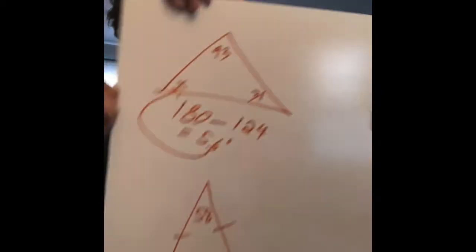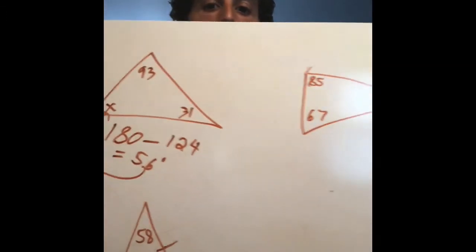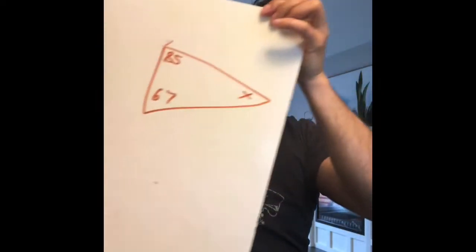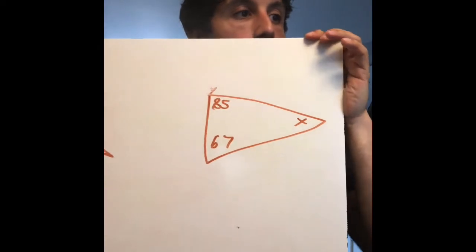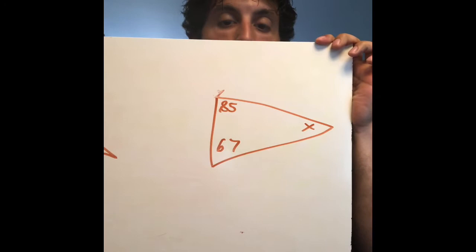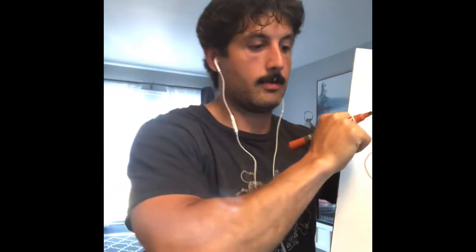Next example, we have 85 and we have 67 and we have x. So again, same process. You add them up to figure out what you need to do. 180 degrees minus, we have 85 and 67. That is 152.